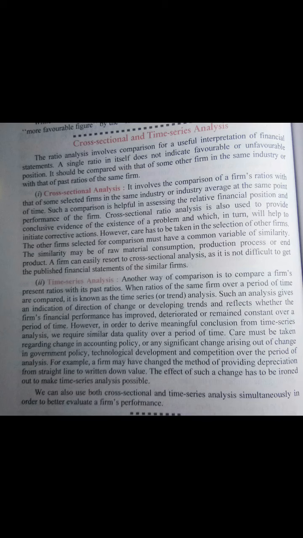These both kinds of analysis help in analyzing the current situation, current performance of the firm, whether it is improving or deteriorating, or the performance is constant. Everything could be determined using these two kinds of analysis.